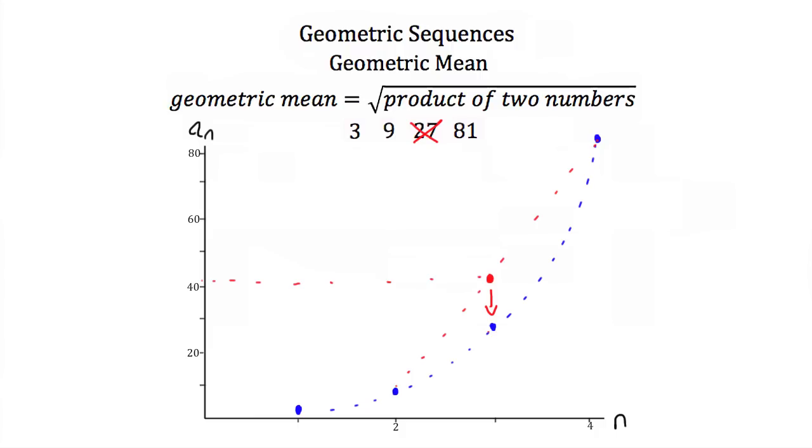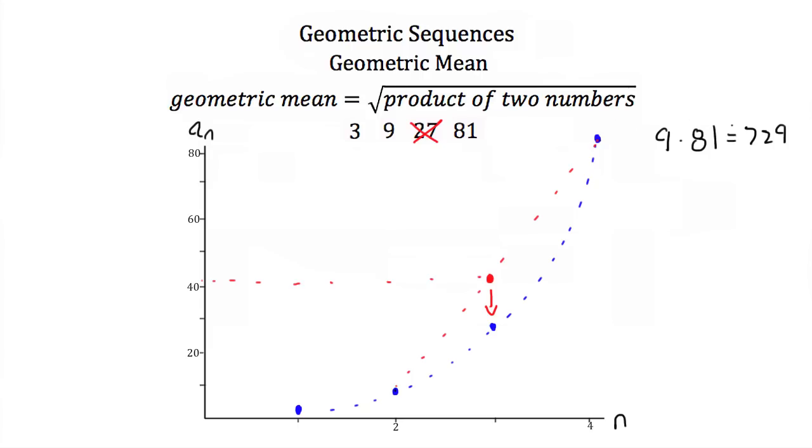So instead, to find our missing term on a geometric sequence, we use what's called a geometric mean. And the geometric mean is kind of like an arithmetic mean. Instead, we take our two terms that are on either side of that missing term, so in this case 9 and 81, and we multiply those numbers together. If we multiply 9 and 81, we would get 729.